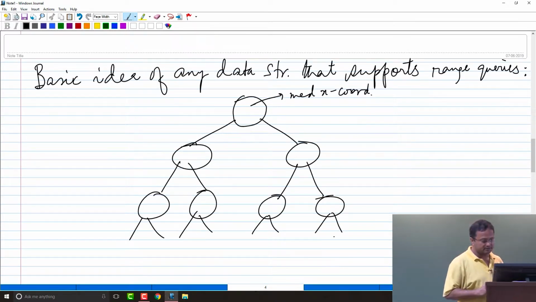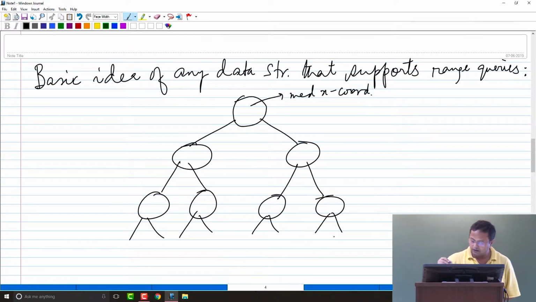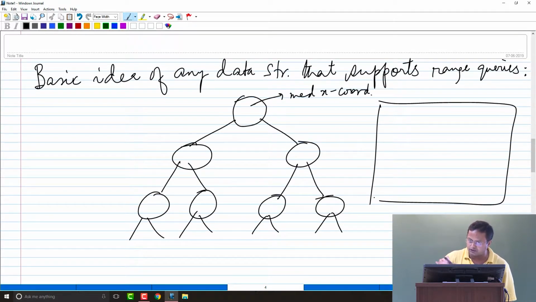Now, notice, so here was the big chunk of points within a big rectangle. So, your root as it contains is sort of equivalent to all points. I would say that the root corresponds to this full region.